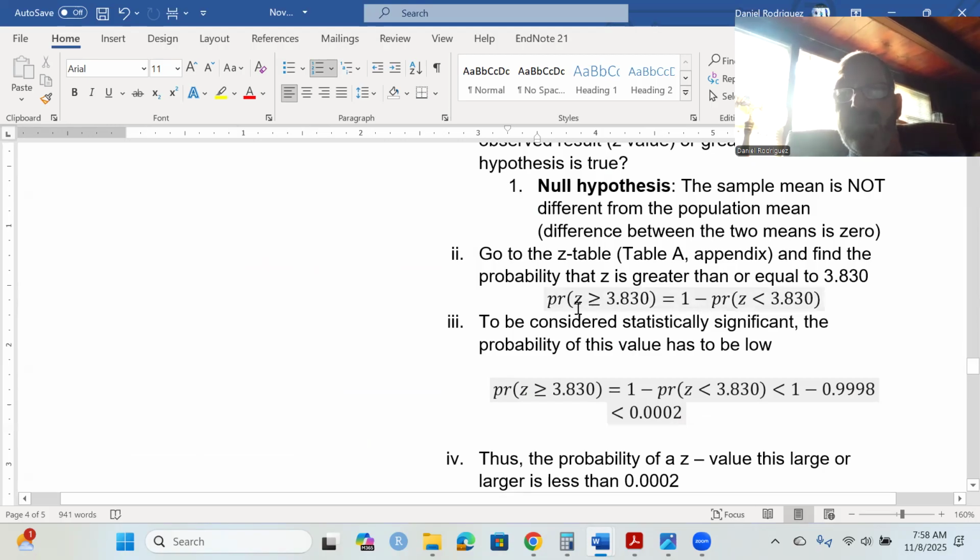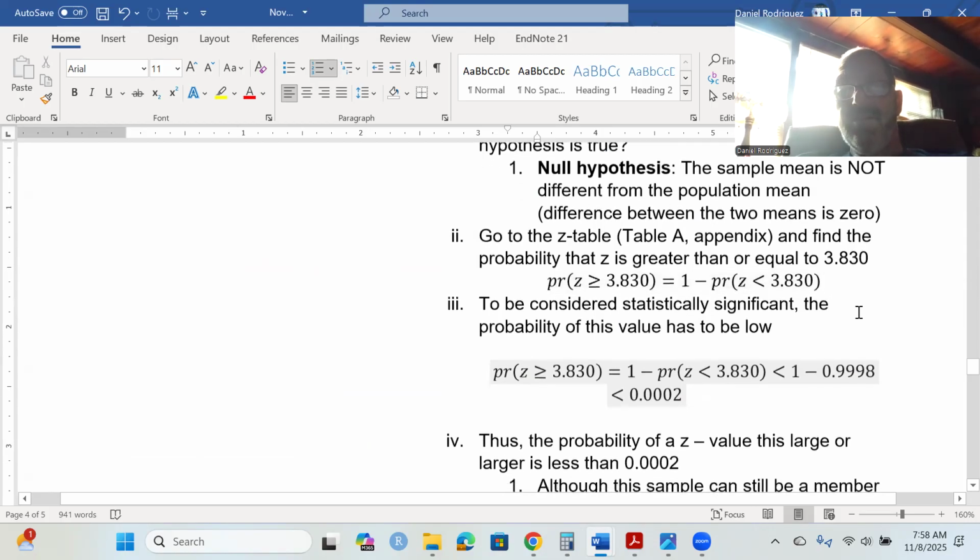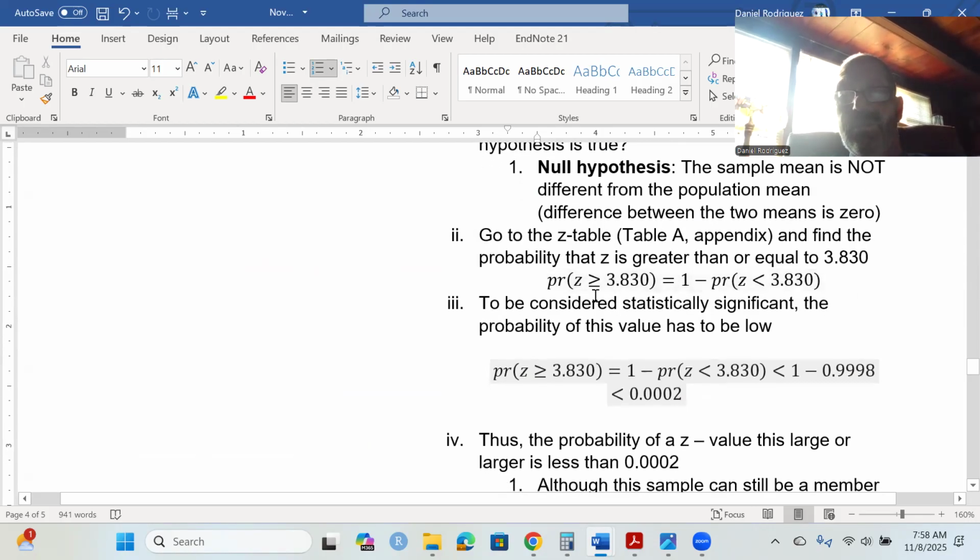So what's the probability that we see a z-score of 3.830 or larger, given the null hypothesis is true? We're going to look in our text appendix to find the probability of a z-value greater than or equal to 3.830.